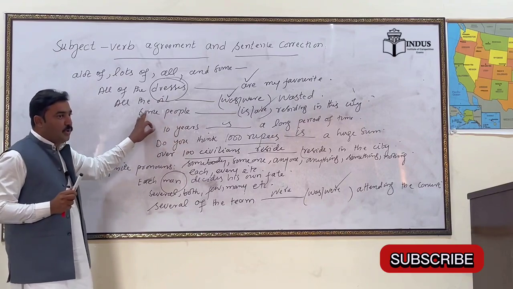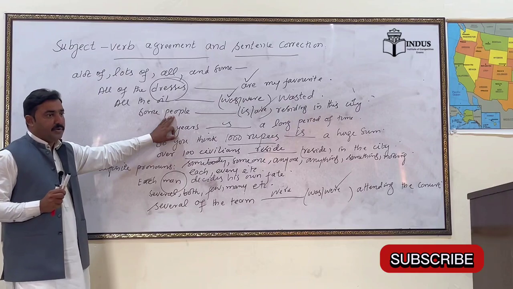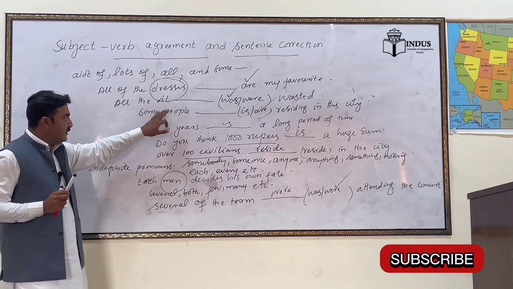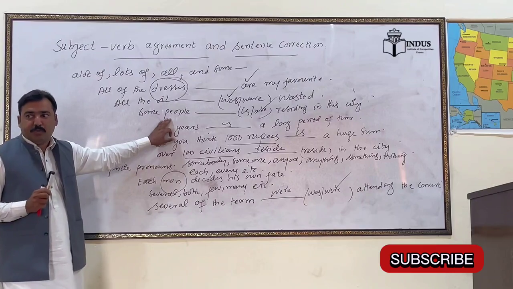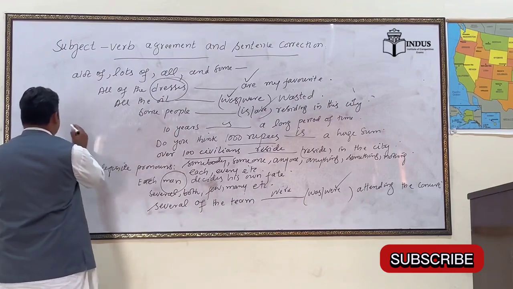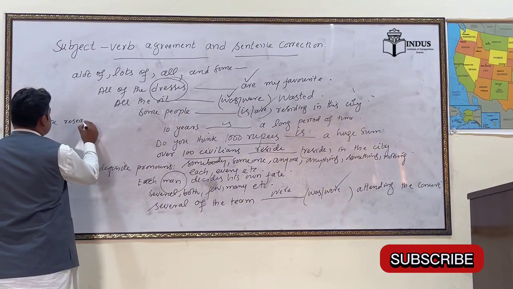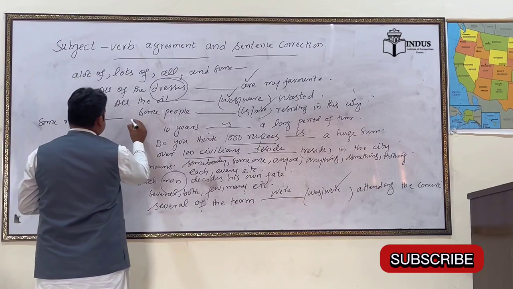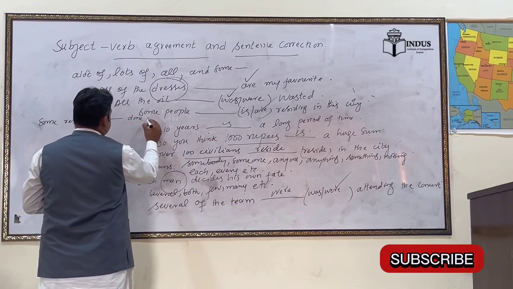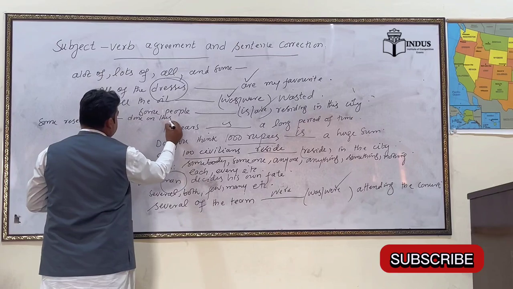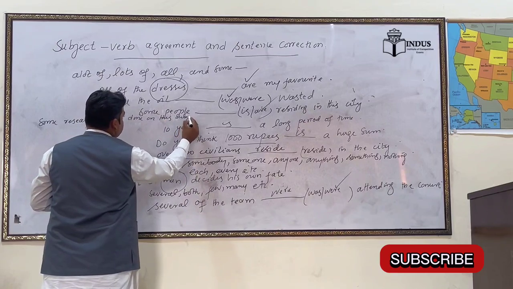Countable noun. So with a countable noun, we will treat the subject as plural. For example, I say some research done on this subject.